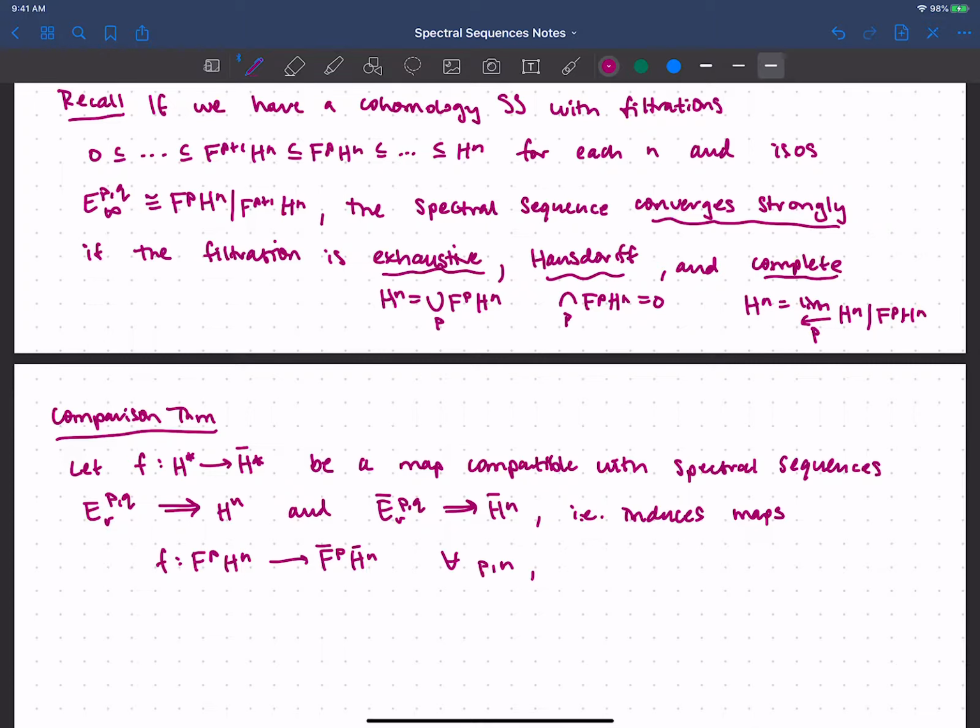Then I should also have maps between the spectral sequences. So my E_r page maps to my E_r bar page. Got those for all r in the way that this is a map of spectral sequences.